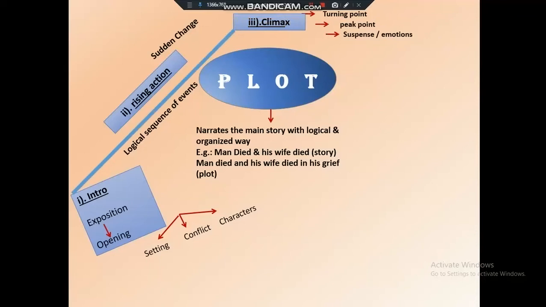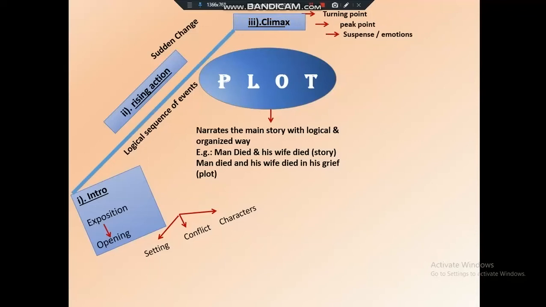Climax means a ladder, that the story moves from the lowest element towards the upwards direction, or the most significant event is discussed. Climax is also called the turning point, a peak point of the story, where the suspense and the emotions arise.